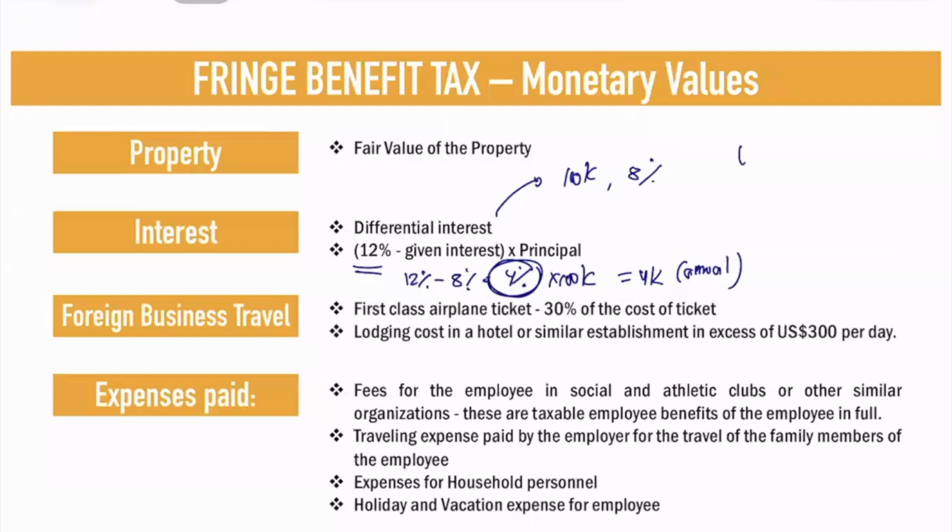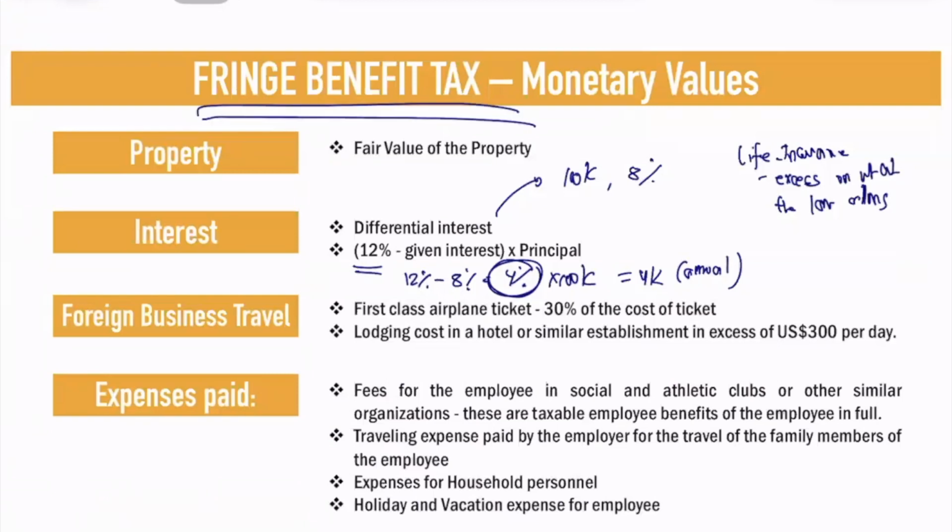So as a basic rule, each employee already has the mandatory contributions. Now, if ever there is an excess out of that, then it is also considered a fringe benefit. But take note, whoever receives that fringe benefit, if it is received by rank and file, add it to your 13th month and other benefits. But if the benefit is received by managerial and supervisory, it is subject to fringe benefit tax.